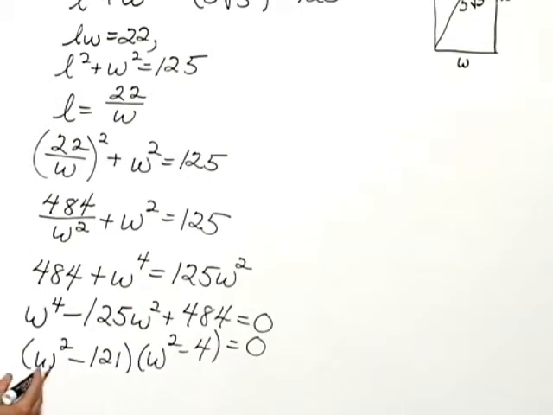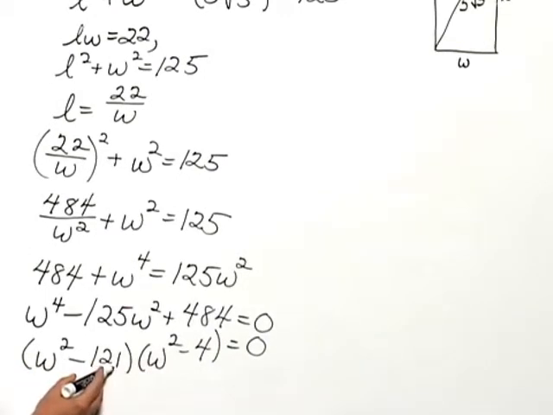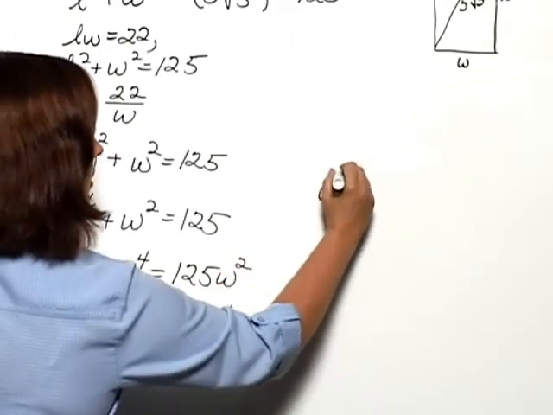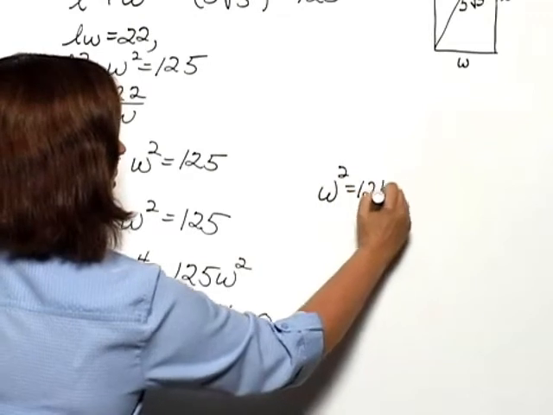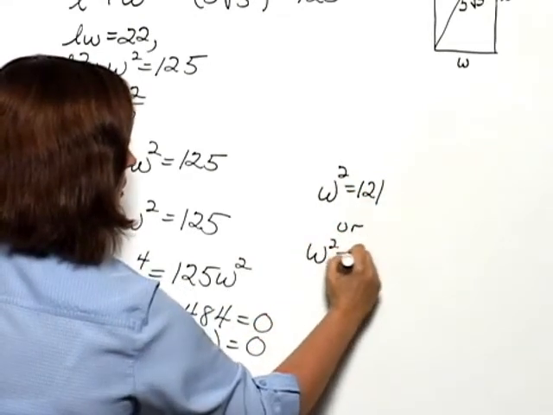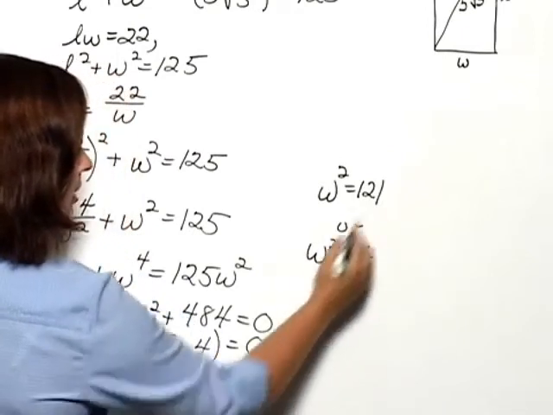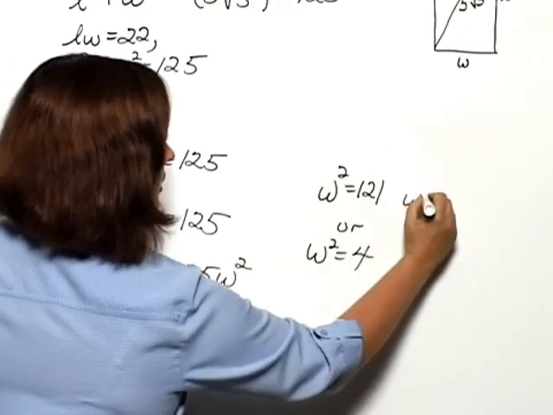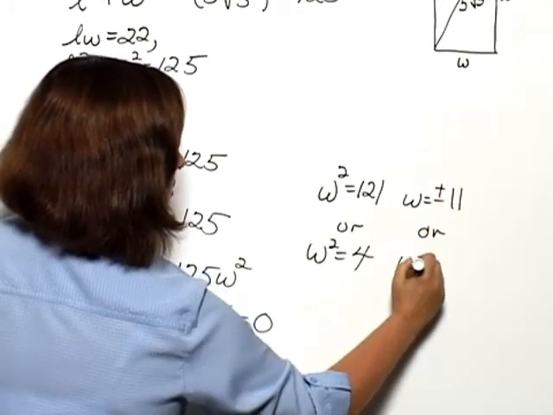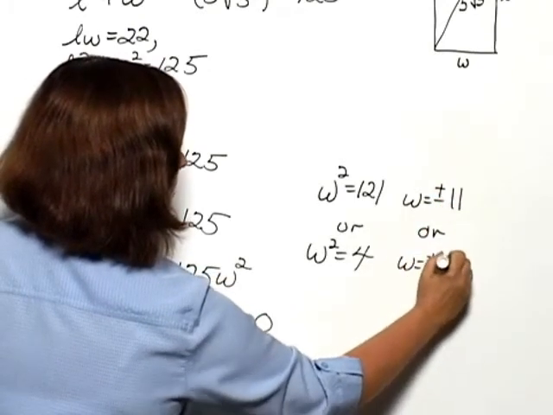Now we know here that W squared has to equal 121 or W squared equals 4. This tells us that W equals plus or minus 11, or W equals plus or minus 2.